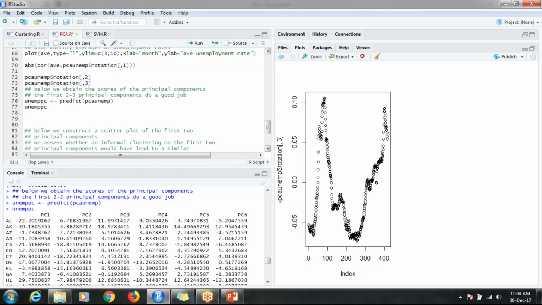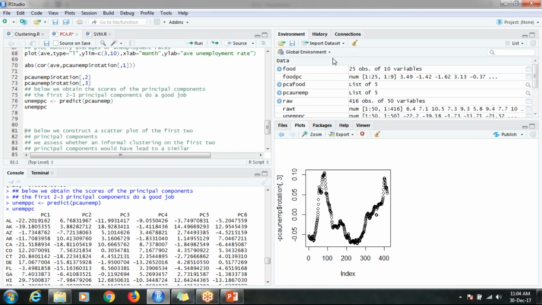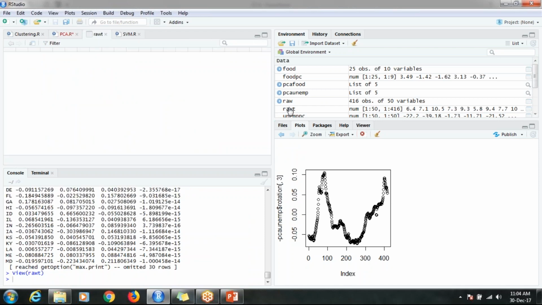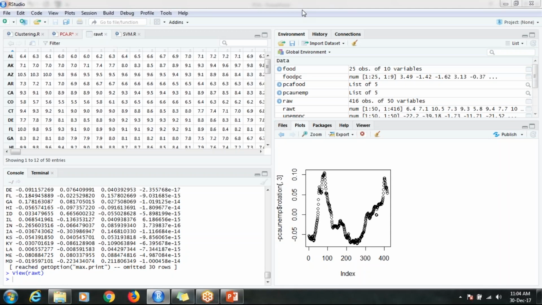No, it is not on the basis of correlation.